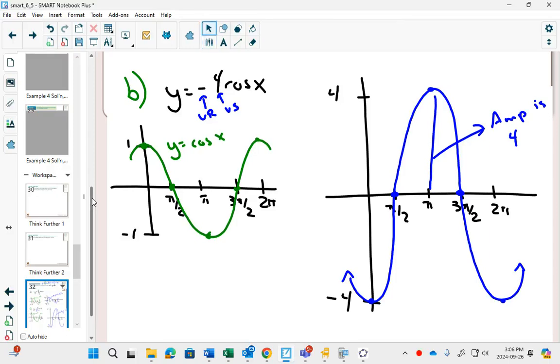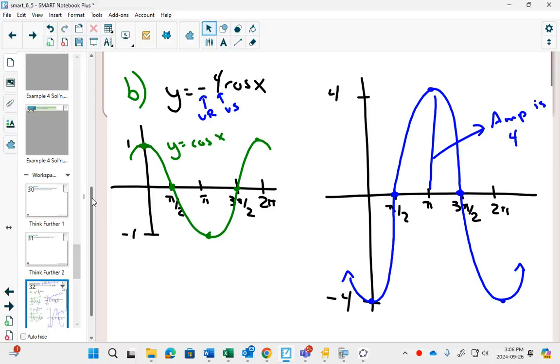And we're going to find out that with a vertical reflection, like I said, you're going to hear me say a cos graph starts at a maximum. Maximum, center line, minimum, center line, maximum. A negative cos graph then starts at a minimum and goes minimum, center line, maximum, center line, minimum.